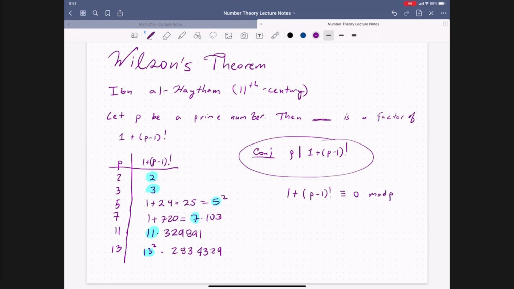If we subtract the 1 over, we are saying that (p minus 1) factorial is congruent to negative 1 mod p. If we prove this congruence, we prove al-Haytham's observation, and we are done. That's where we're heading. To do so, we're going to talk a bit more about multiplicative inverses, as that is the backbone of the proof.